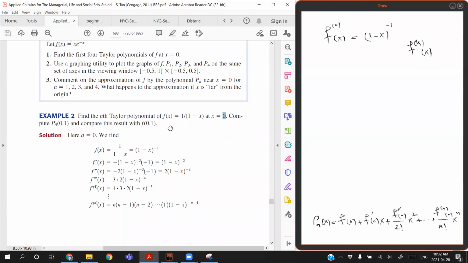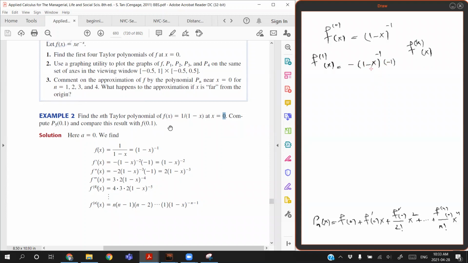and then I can use that formula in the Taylor polynomial. Okay, so the first derivative of this is going to be minus 1 minus x to the power of minus 1. And then I have to multiply with the derivative of the inner function, which is going to be minus 1. The derivative of 1 minus x is minus 1.